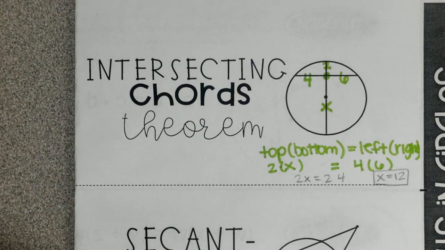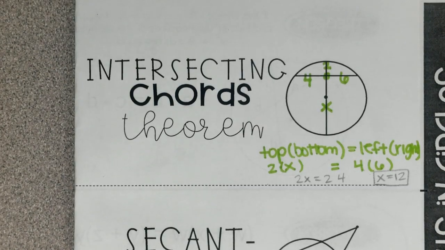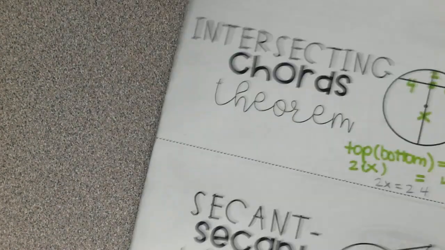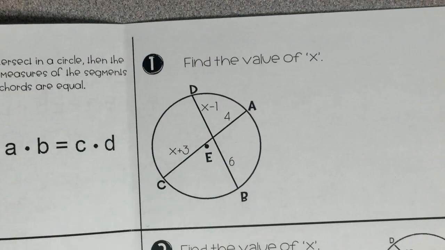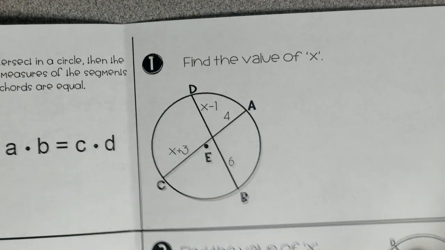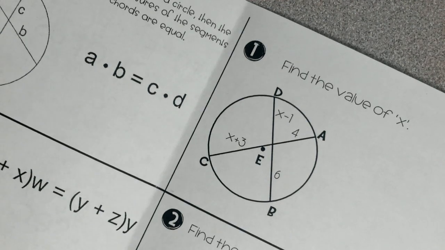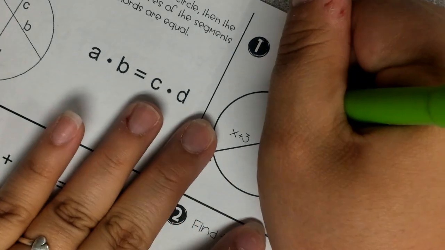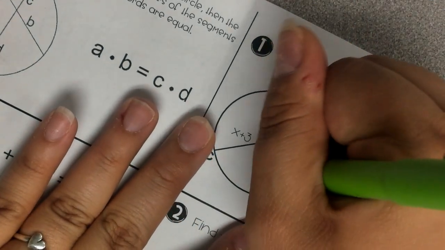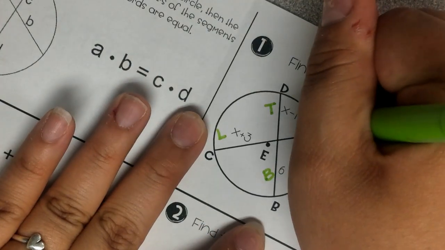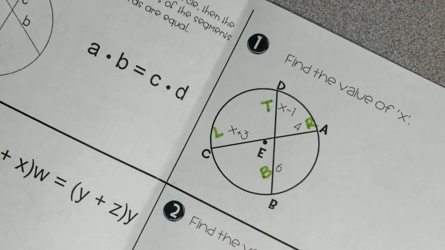Now, the only reason this can get tricky is, open up your notes, is if, do I have a top, bottom, left, right here? Yes. Kind of. Rotate your paper. Figure it out. Does that make sense? So I'm going to label this the top, the bottom, the left, and the right. Are y'all okay with that?